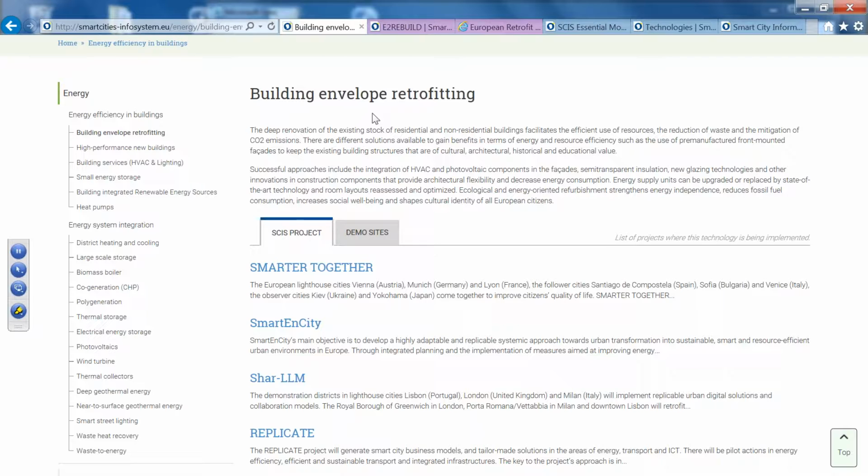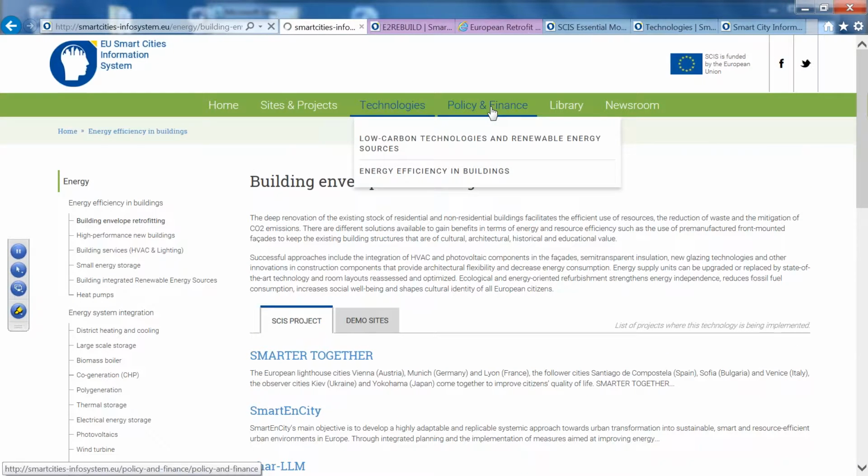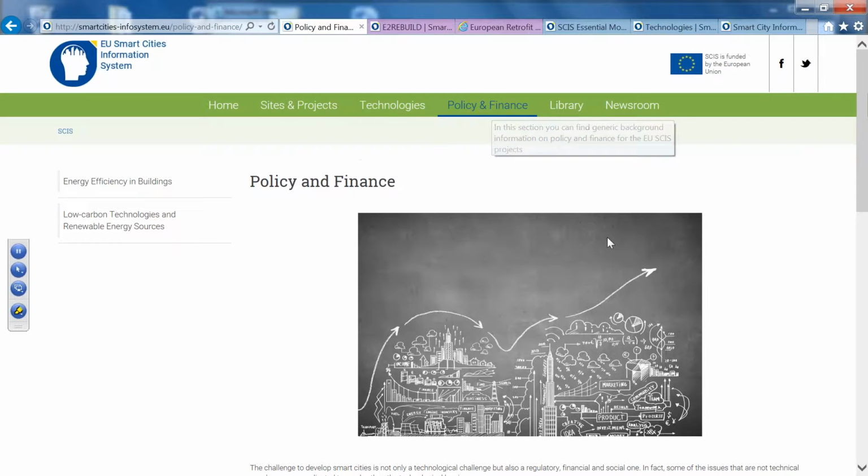I like to maybe make this example. We are like a conference or a poster session where you go through many posters and then you just stop at the poster that you are more interested in and you ask the person who is explaining. And also one very important section for us is the policy and finance knowledge that the projects have developed.